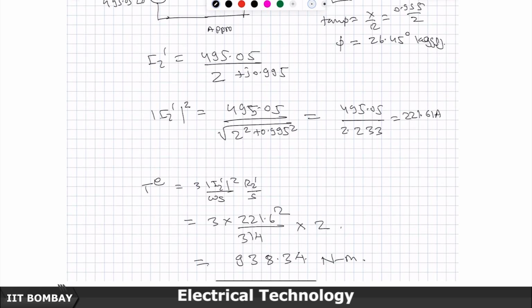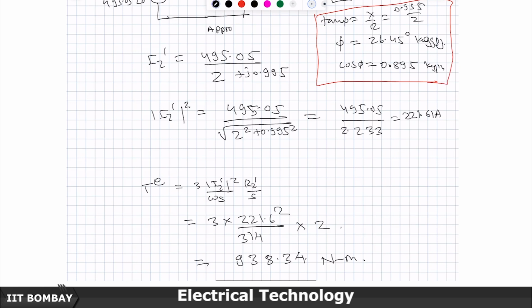So, if I take cos of that, cos phi is 0.895, you can call it 0.9 lagging. So, this is my power factor.